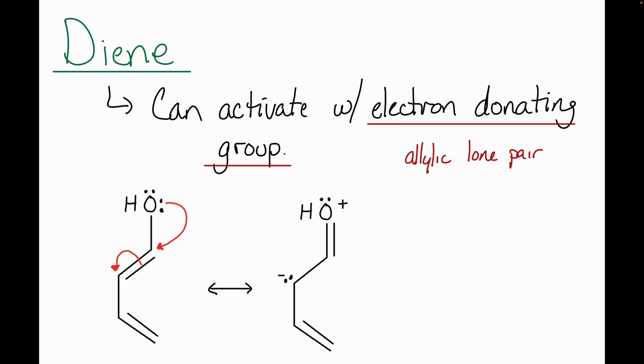So again, we can do one more resonance jump here. This is going to come down here, this is going to jump over here onto this carbon. Put it on the other side. And so again, let's do our last resonance structure.